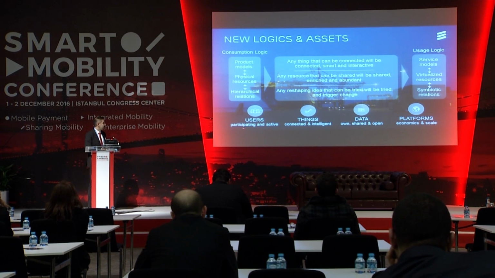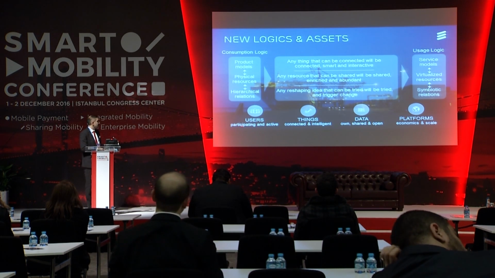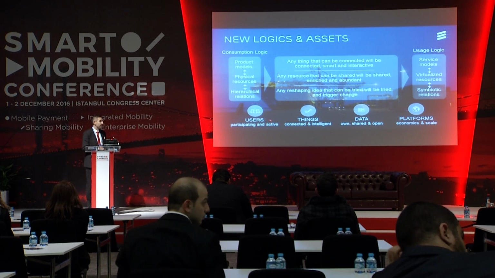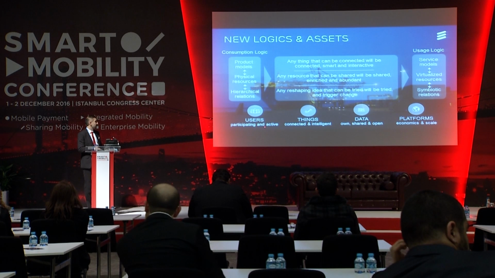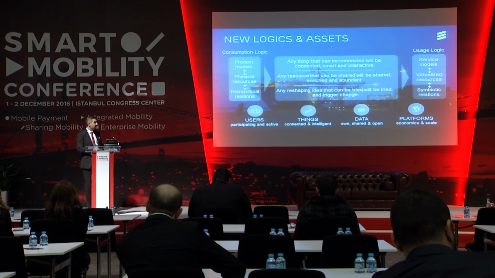Central to this is obviously participating, active users, through connectivity and smartphones, and we are enabling them. Things, connected and intelligent, we talked a lot about them, connected devices, data owned, shared, and open.